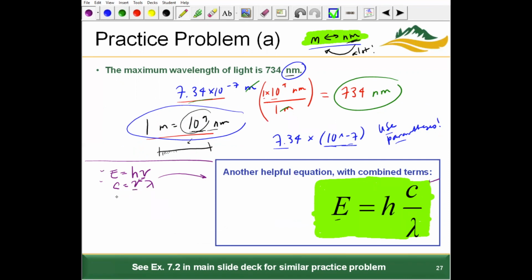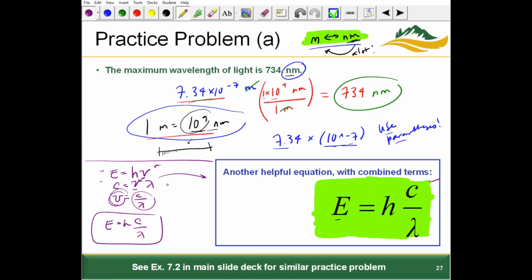Let's solve for frequency in the second equation, so that is c over lambda. Now let's plug this into the energy equation. This is energy equals Planck's constant times frequency, and we just solved for frequency to be equal to the speed of light over lambda. So energy is equal to Planck's constant times the speed of light over lambda.